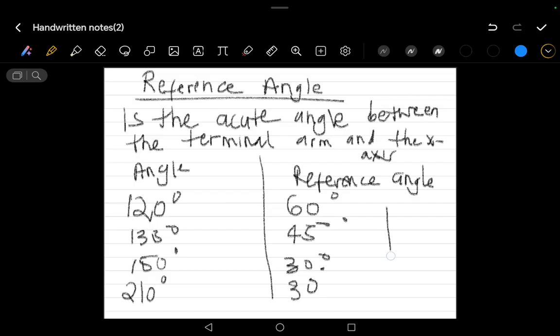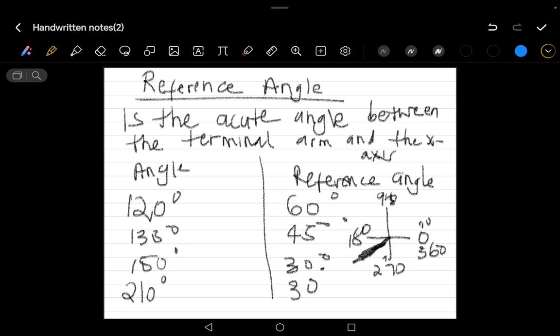So remember, on the quadrant, we have 0, 90, 180, 270, and 360. So 210 is going to be on the third quadrant, right? It's going to be below here, so it's going to be negative. You get?